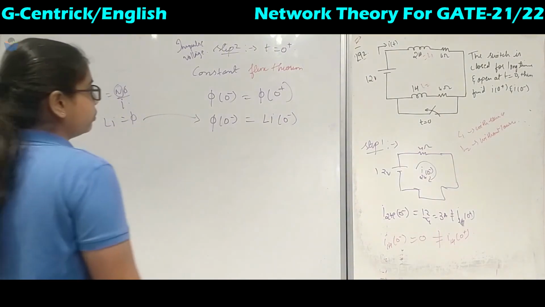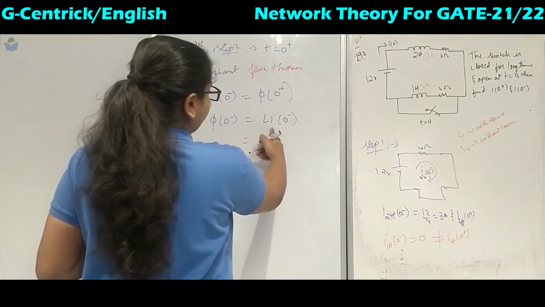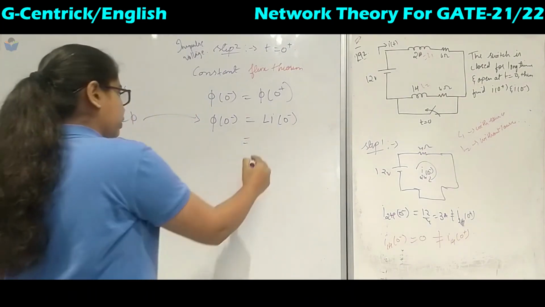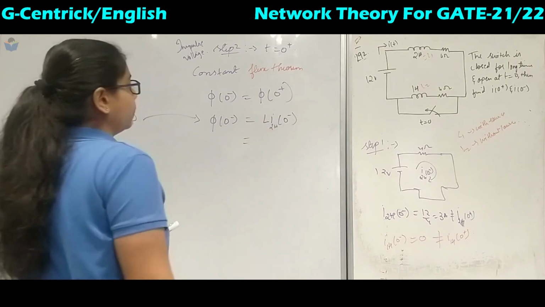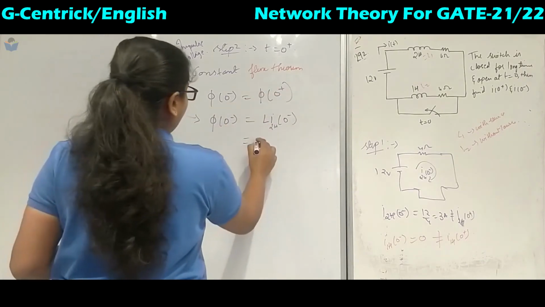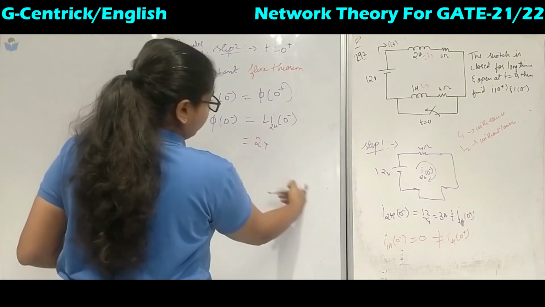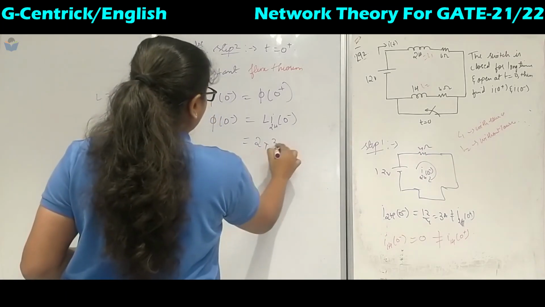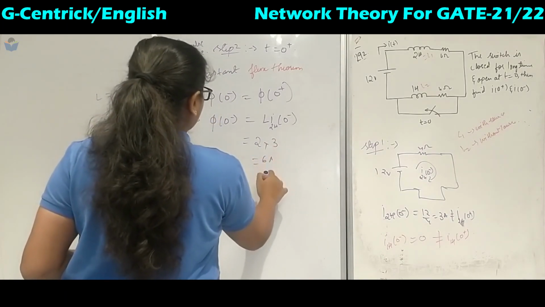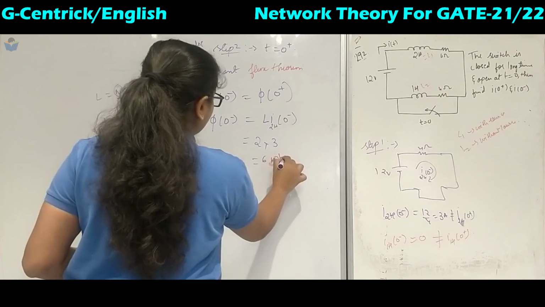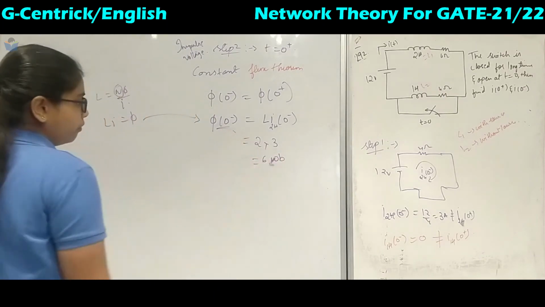Okay, we know the value of L, we are calculating for 2 Henry. So L is 2 and the value of I of 2H is 3 ampere, which will come as 6 Webers. Okay, this unit will be in Weber.